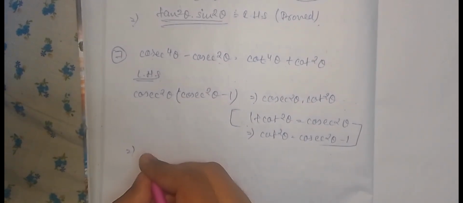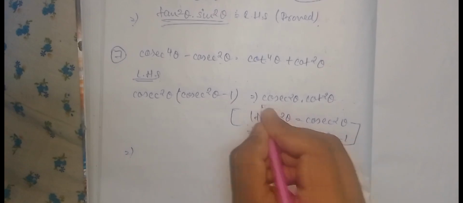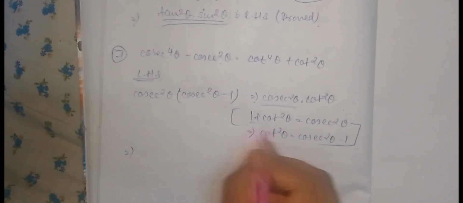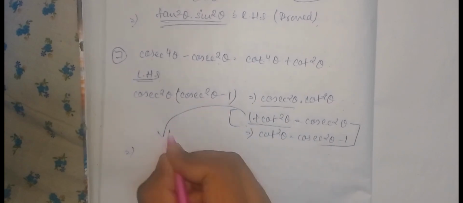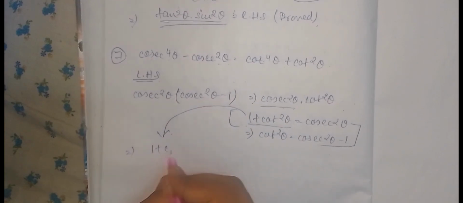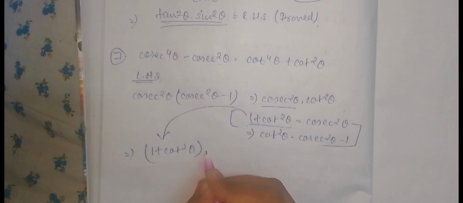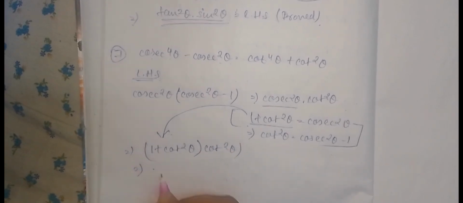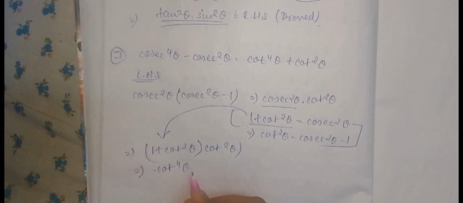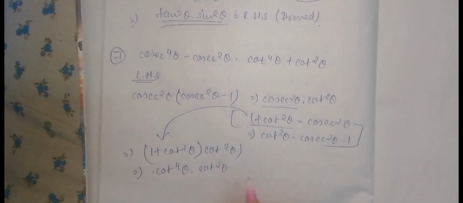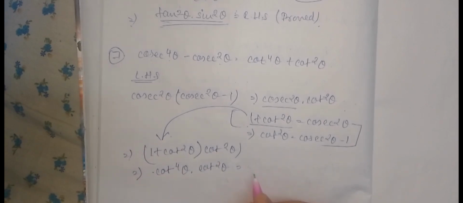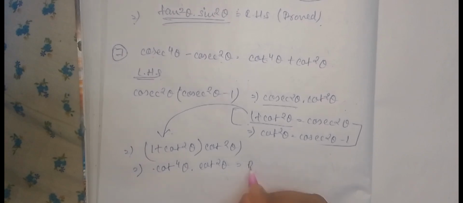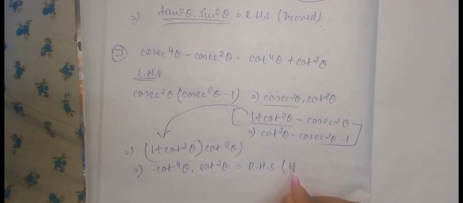We can also write cosec square theta as 1 plus cot square theta. Replacing this, we get 1 plus cot square theta multiplied by cot square theta, which in turn gives cot to the power 4 theta plus cot square theta. After doing this operation, this value is equal to our RHS. Hence our sum is proved.